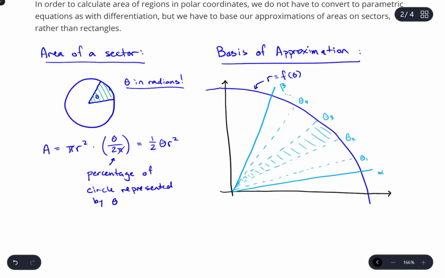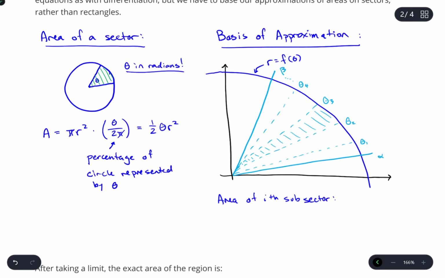So the area of the ith subsector, or subregion, whatever you want to call it, I'll say area sub i, it's going to be 1/2, and then theta. Okay, hold on, let's see about theta.